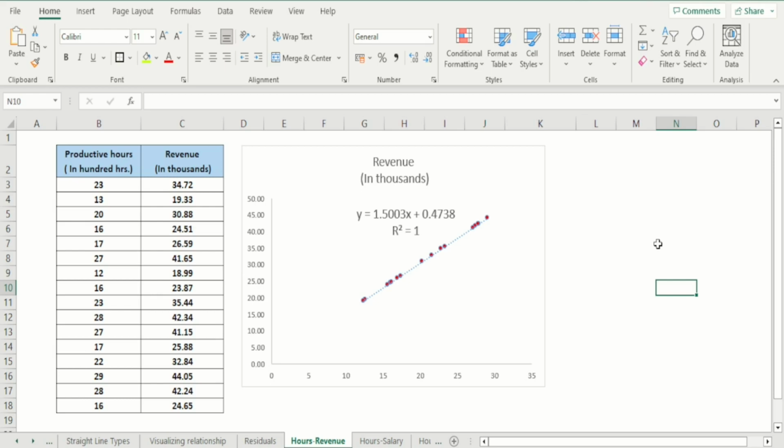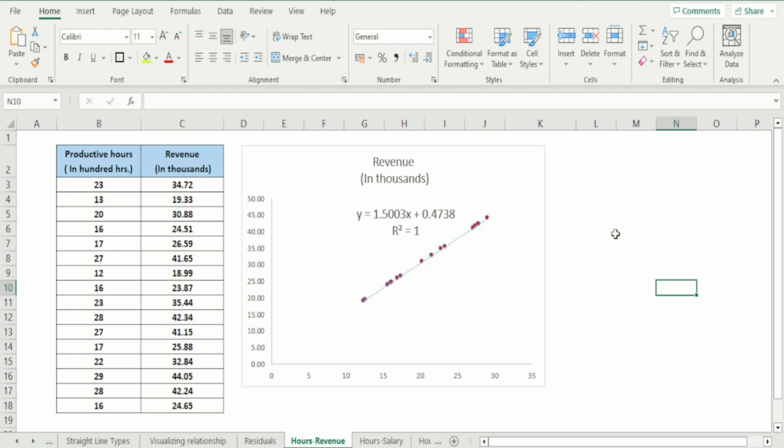So what this estimation model tells us is that the given data can be approximated by the straight line, which is y is equal to mx plus c, where m is 1.5003, c is 0.4738. This is the y-intercept, and interestingly enough, r square is 1.